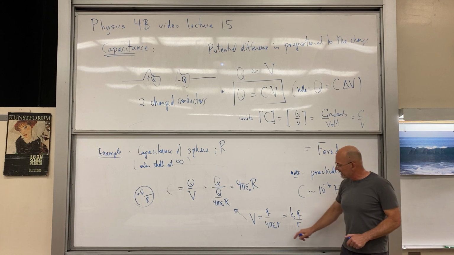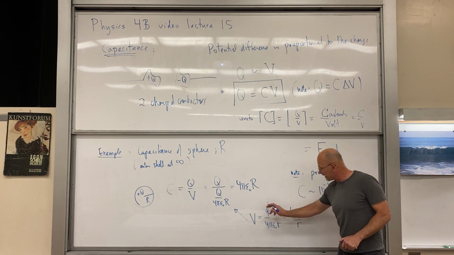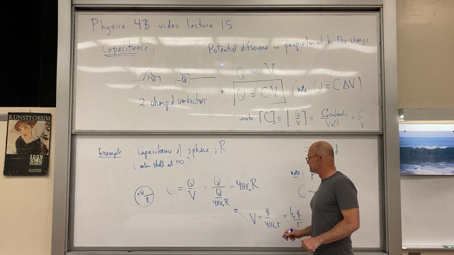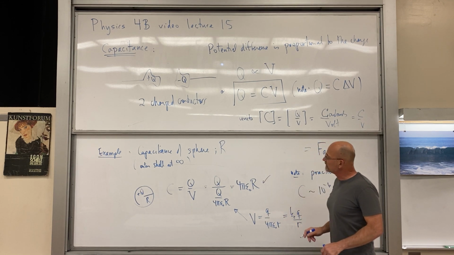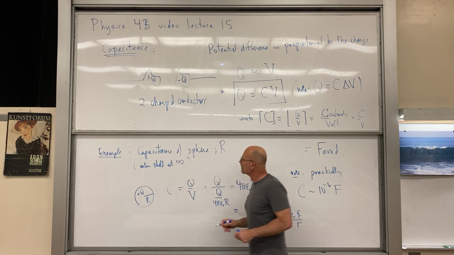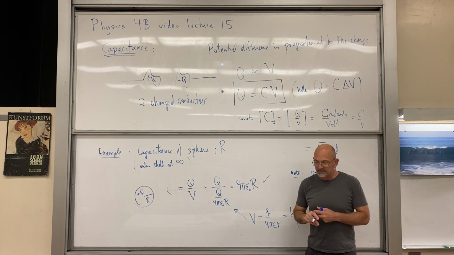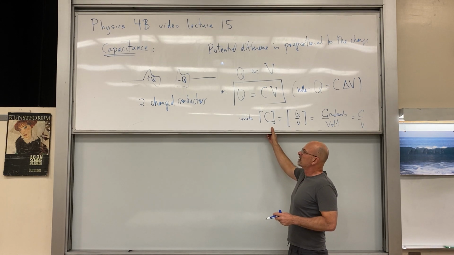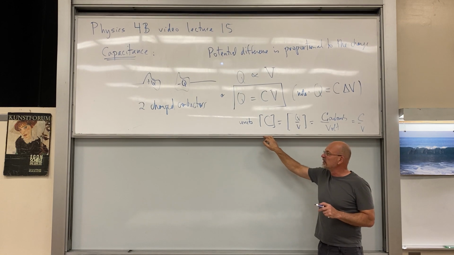We use those interchangeably, but when we were doing Gauss's law, certain fields, we're using the 4 pi epsilon naught. So we have that here. So that's our first example, capacitance of that sphere. The next example is really the practical one we're going to use again and again.